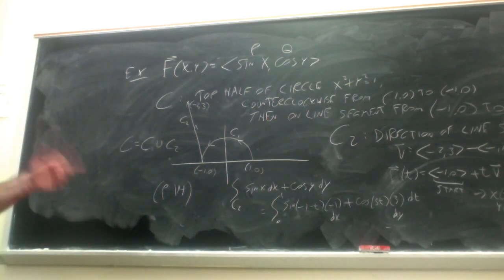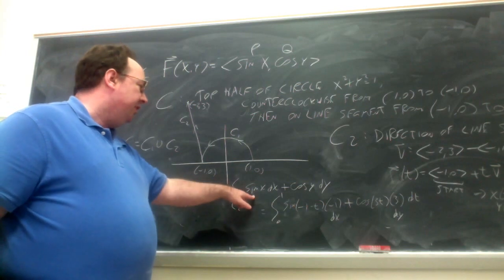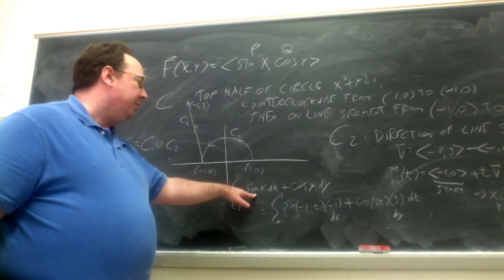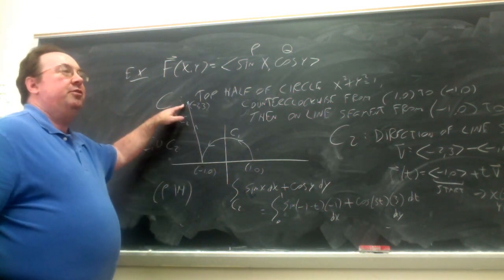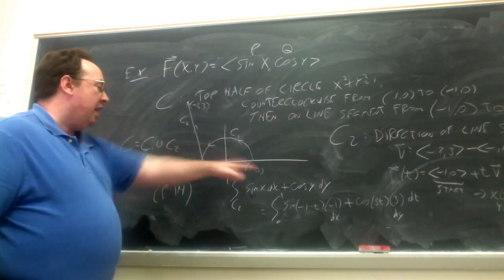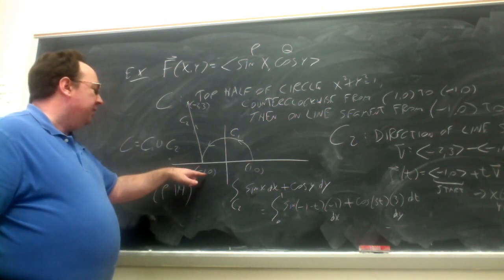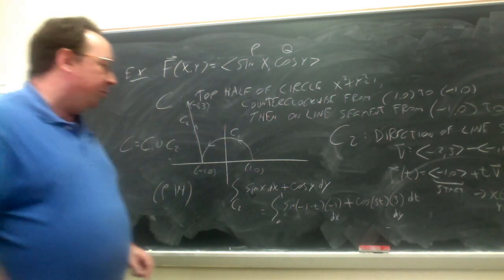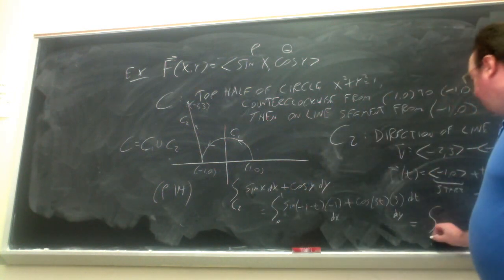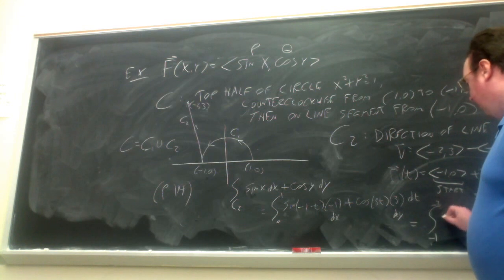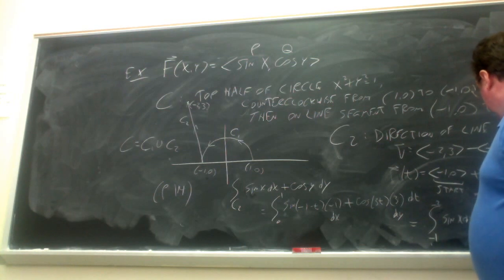But like I said before, you could just integrate these directly as long as you use the correct limits. So for x, your limits would be from minus 1 to minus 2, because those are the starting and ending x values. And then for y, you'd be using limits from 0 to 3. So the other way I could write this is the integral from minus 1 to minus 2 of sine x dx plus the integral from 0 to 3 of cosine y dy.